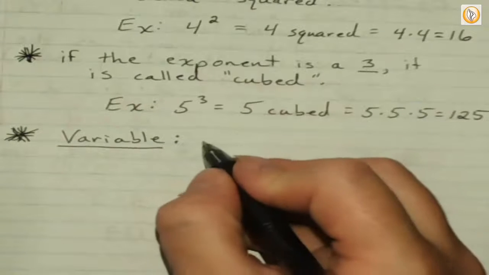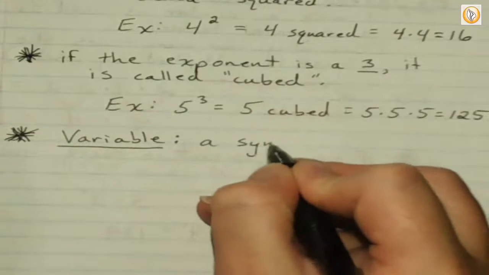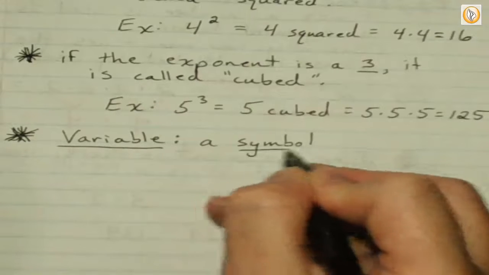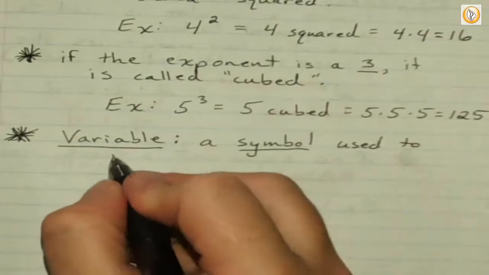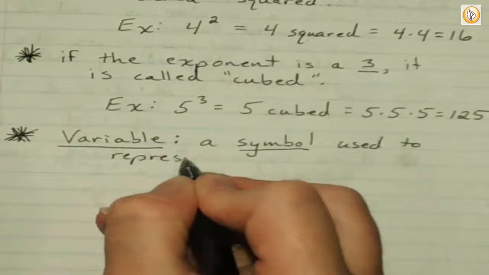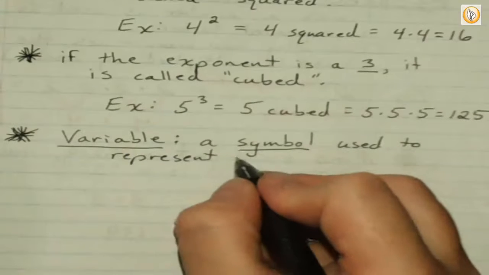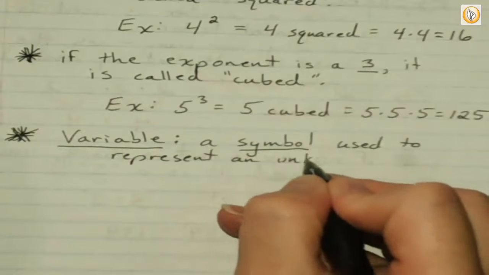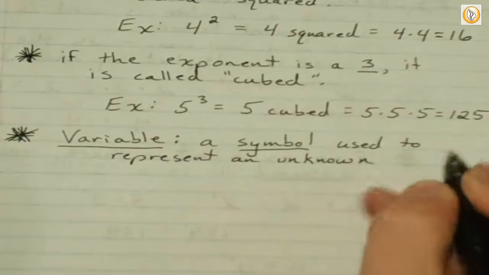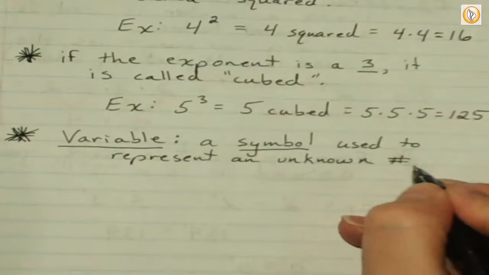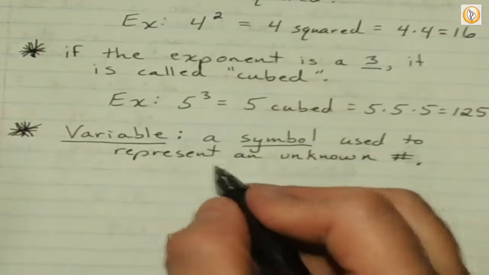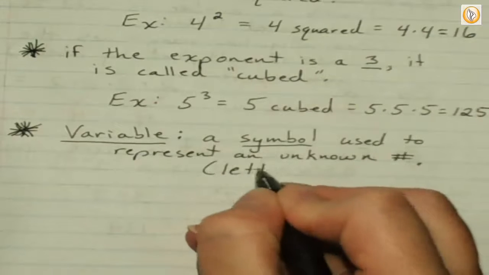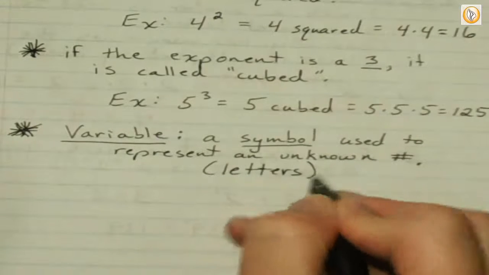Okay, here we go. A variable is a symbol used to represent an unknown number. Basically, it's the letters.